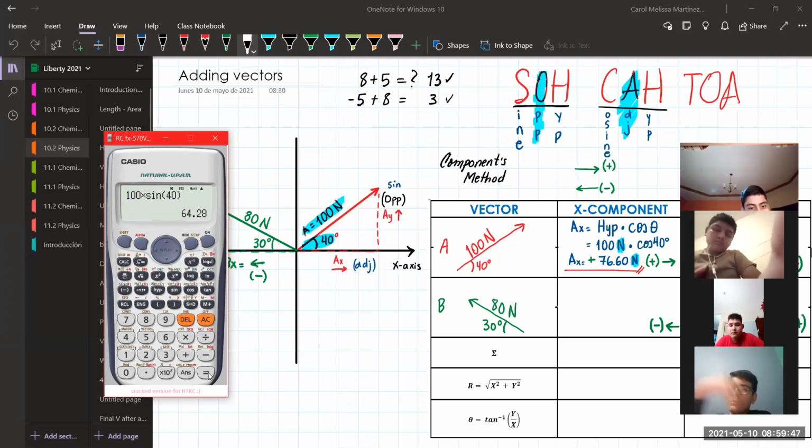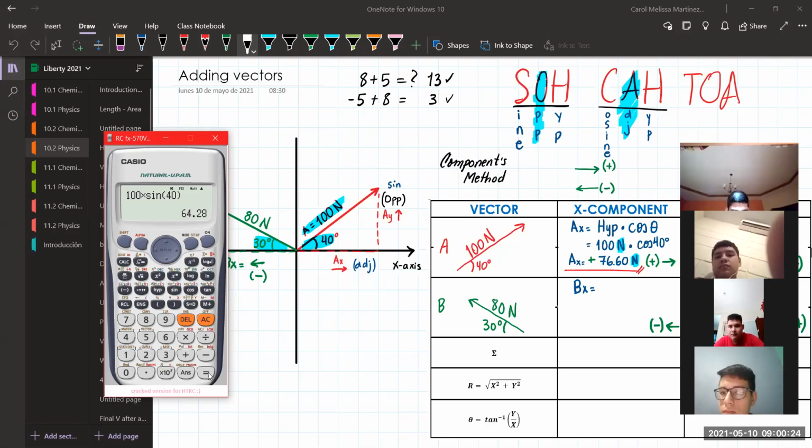Okay, now we're going to get the components Bx and By. Remember, we care about the position of the angle. How is By according to the angle? Is it adjacent or is it opposite? In front or touching the angle?